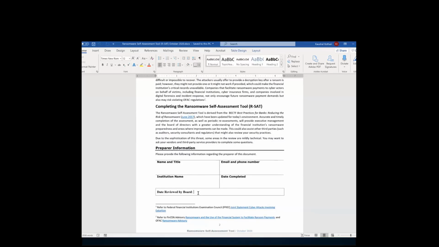Again, it's supposed to be a voluntary tool, and whether they'll require it or not is really going to be up to the examiners, I think. What we did see is when the FFIEC Cybersecurity Assessment Tool was released, I think FDIC in particular said, we just want you to fill out some type of framework or use some type of cyber assessment tool, whether it's the FFIEC one or CIS controls or NIST.